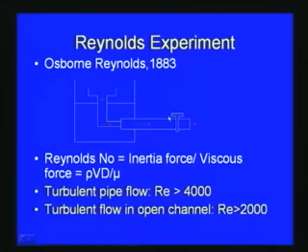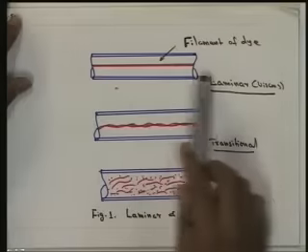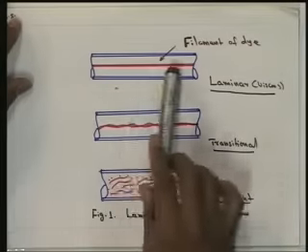When the valve is opened initially, a filament of dye passes through, so the flow is very much laminar in nature.